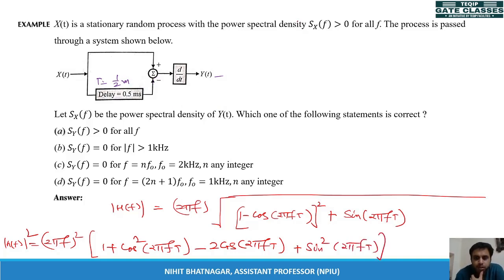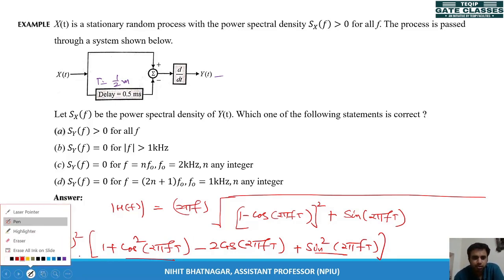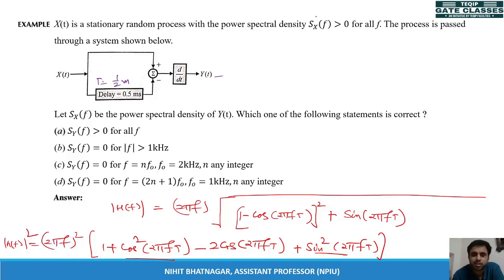So this term and this term become 1 plus 1, that is equal to 1 plus cos square something plus sin square, that's something that becomes 4 pi square f square, and this term, after taking two common, becomes 8.